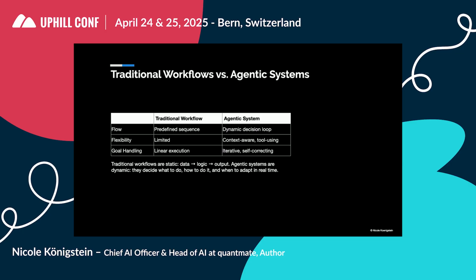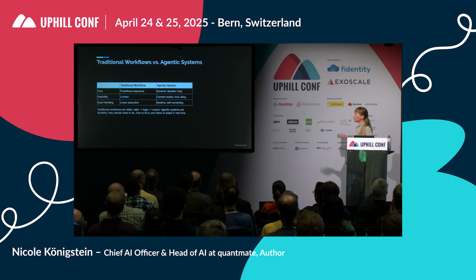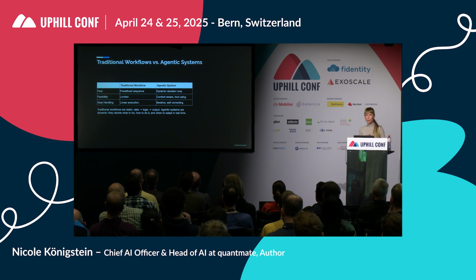And why is that relevant? Why should you bother with agentic systems? Just to give you a little bit of comparison: on one side, you see the traditional workflow, with predefined sequences. An agentic system is more dynamic. You have a dynamic decision loop, context-aware tooling, tool use, and you can have that human in the loop, so the back and forth with an agent: instruct it, interrupt it, let it know what you would rather do, tell it to use another tool.